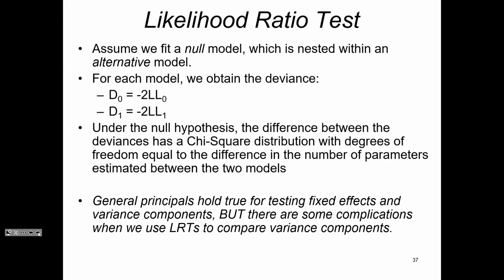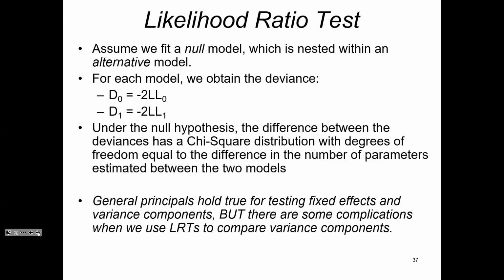I get a deviance difference, and I compare it to the critical value of chi-square with 2 degrees of freedom. Again, this is very similar to what we did in SEM class. The difference is that we're using deviances now instead of chi-squares, but the actual difference testing follows the same logic.